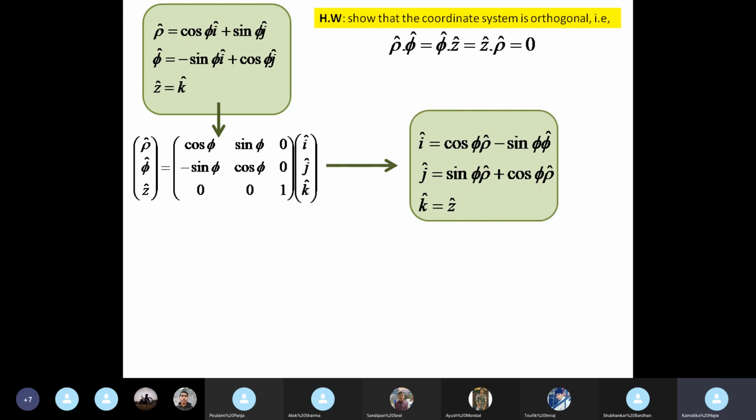I cap is equal to cos phi rho cap minus sin phi phi cap.